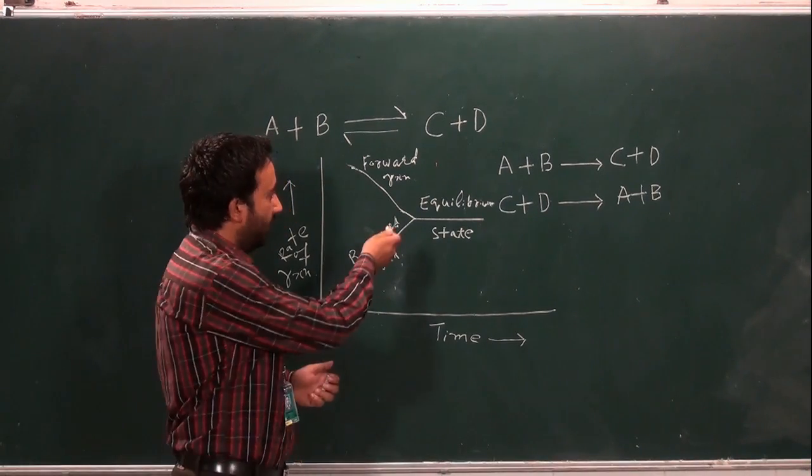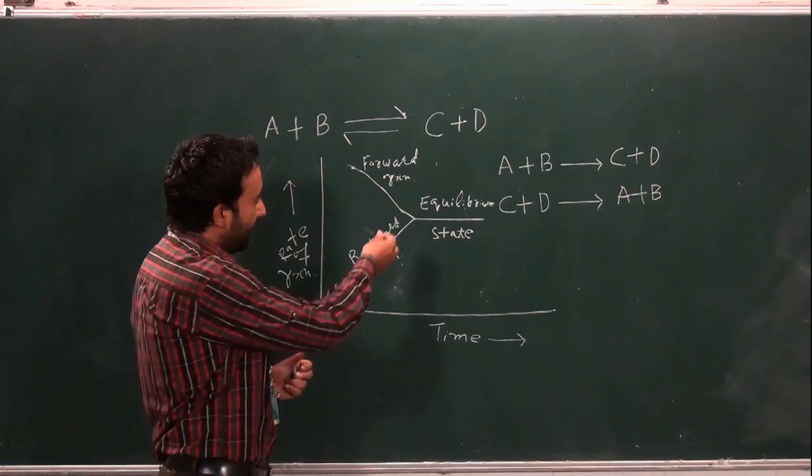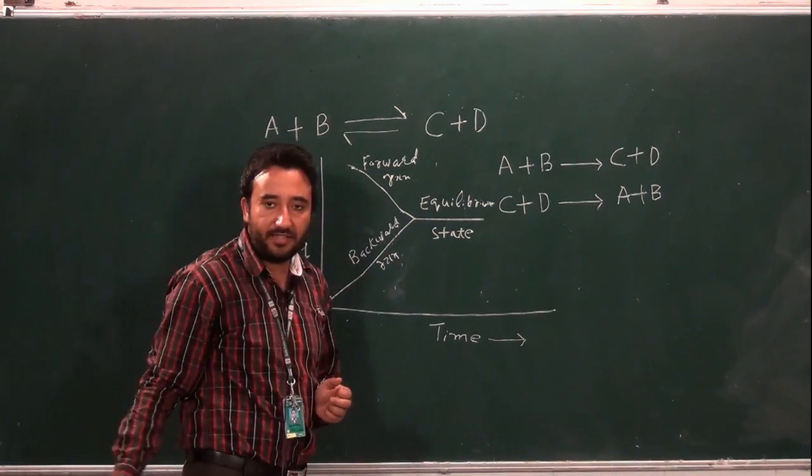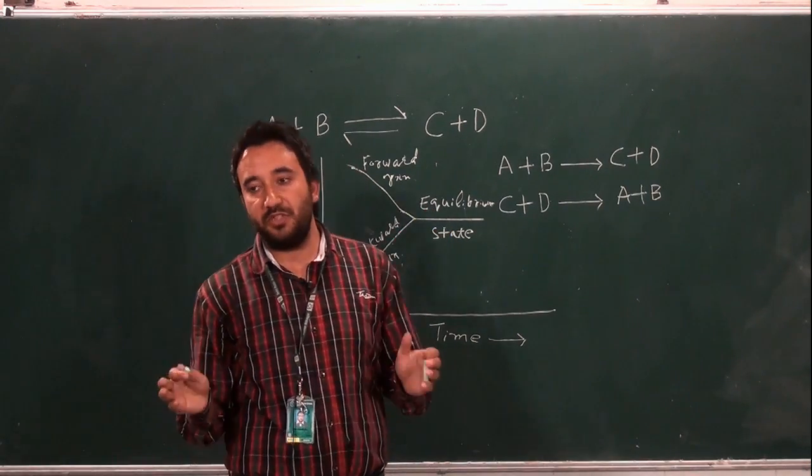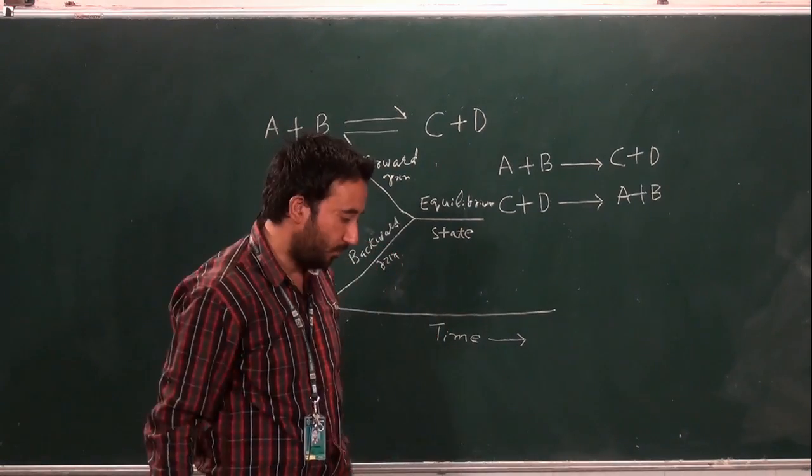An equilibrium state is established when the rate of the forward reaction becomes equal to the rate of the backward reaction.